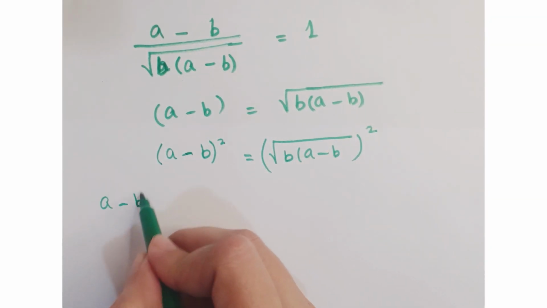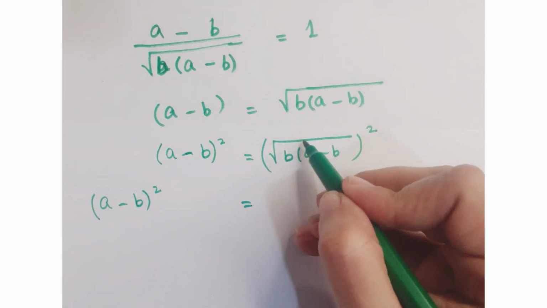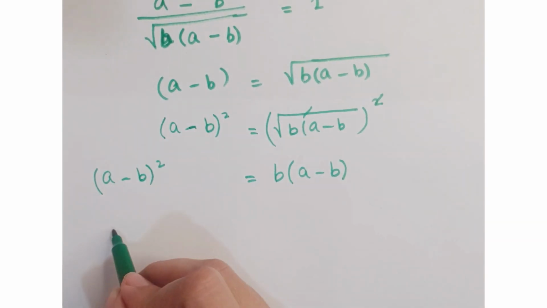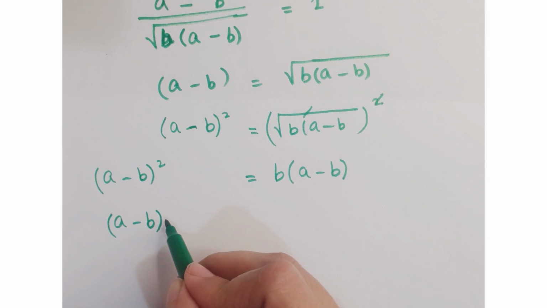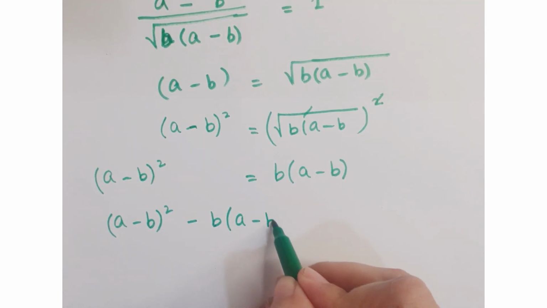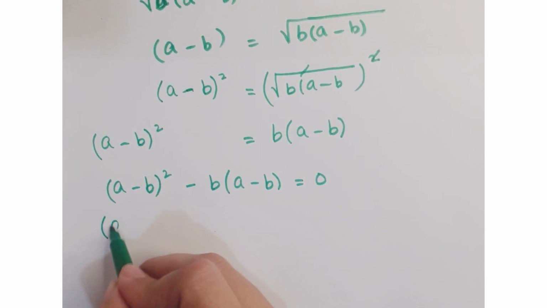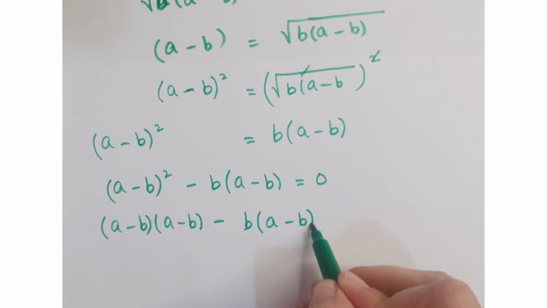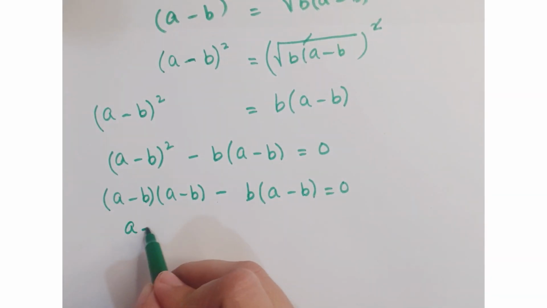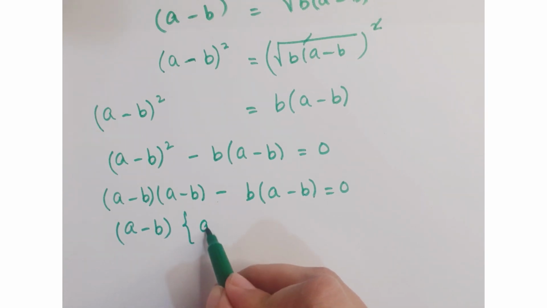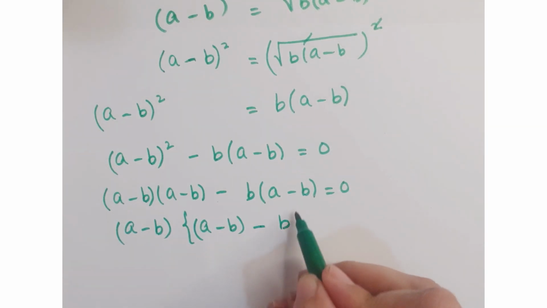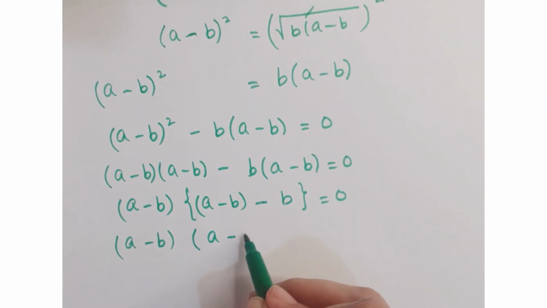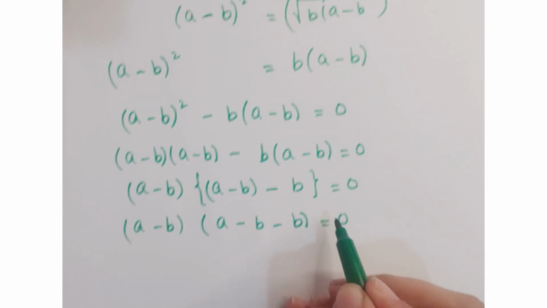So here we get (a − b)² = b(a − b), as the root gets cancelled. Now taking this term on the right hand side, we can write (a − b)² − b(a − b) = 0. Splitting (a − b)² as (a − b)(a − b), and taking (a − b) common, we have (a − b)(a − b − b) = 0.